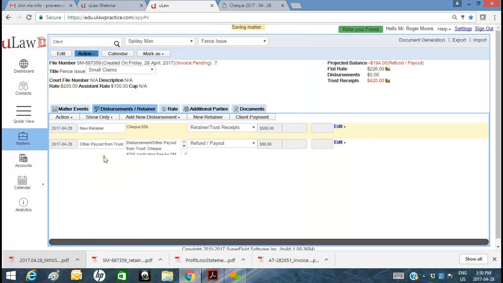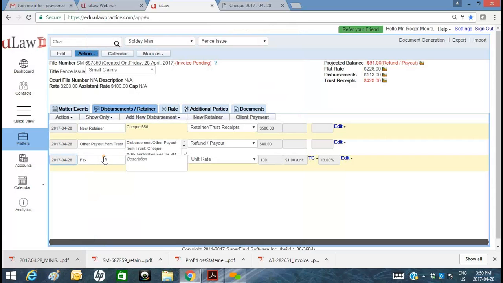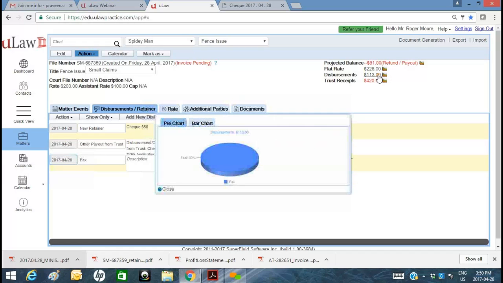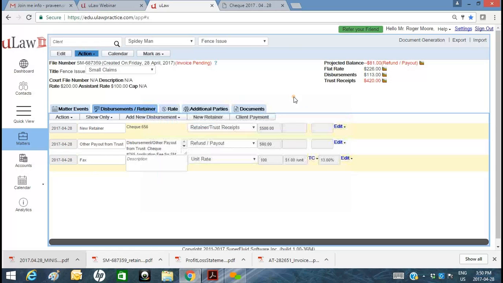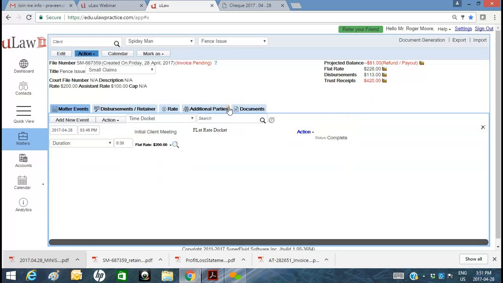So this is how you now disburse this client, or you showcased that there's an expense involved with this matter for $100 plus 13% tax, and that's what you see with the disbursement in general as $113. $113 disbursement means the general disbursement. There's obviously a flat rate fee, everything else, right?